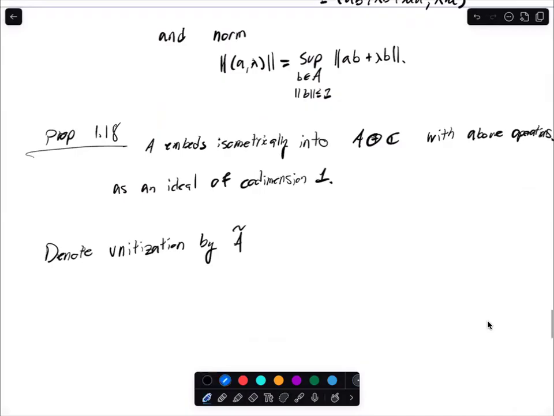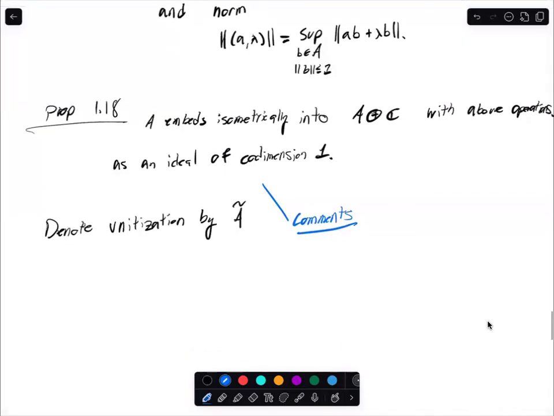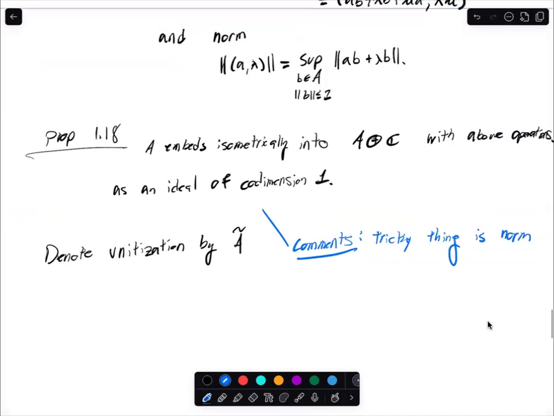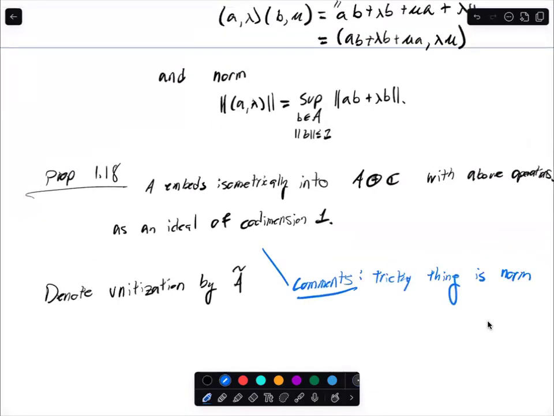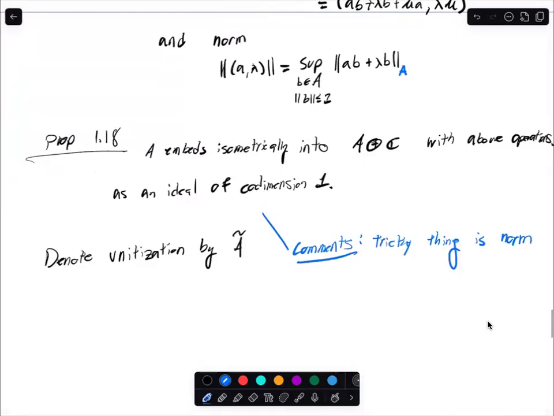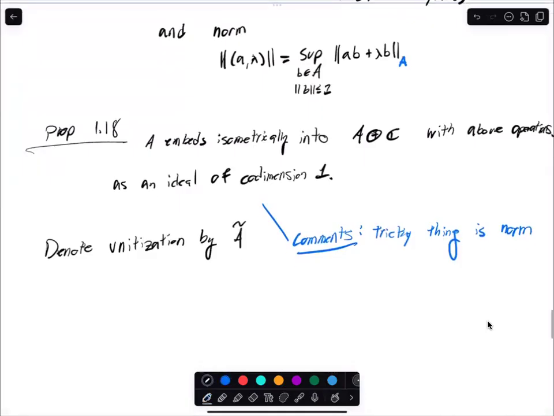Just going to leave a couple of comments on this proof. Really, the only tricky thing is the norm. In this context, we define this norm to be related to exactly the norm coming from A. Because you know that in A we have a C-star norm, you just pull this back to get that the norm we defined above is a C-star norm. That's the idea.